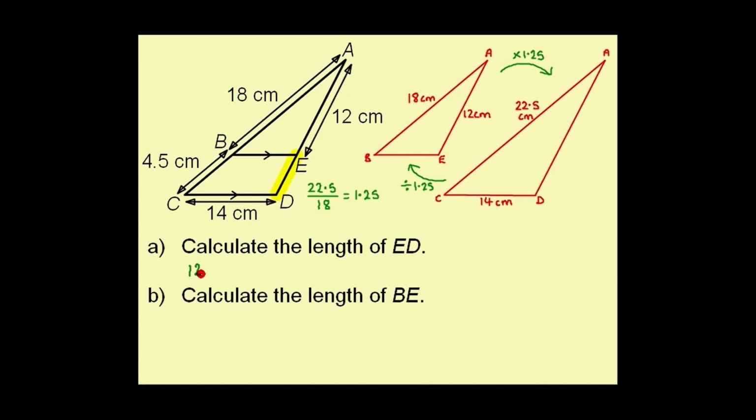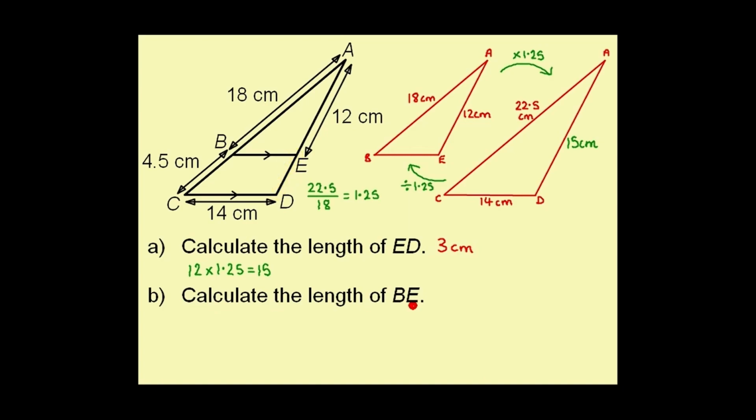So 12 times 1.25 is 15. So the length AD is 15 centimetres. Remember, we're looking for ED though, so I need to do the 15, take away the 12, and 15 take away 12 is 3 centimetres.